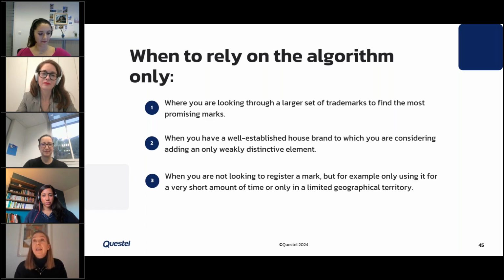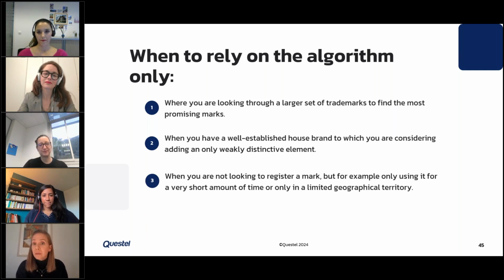marks. The other scenario, the second one, is when you already have a strong trademark, a trademark that you already use, an established house brand, and you're maybe looking to add a special or a limited edition. So you're looking to add a weakly distinctive element. And so you're only very much interested in seeing what is out there.